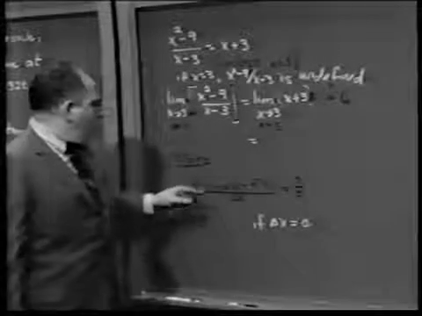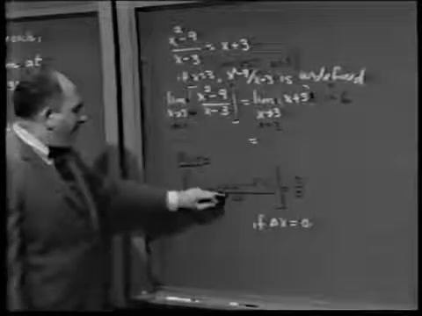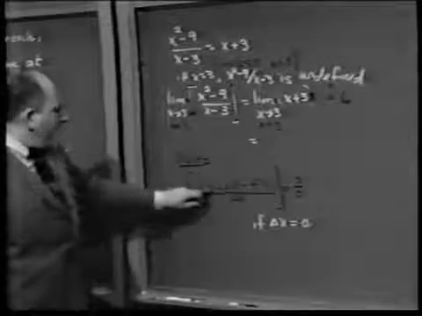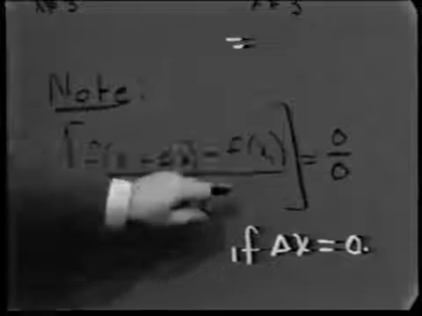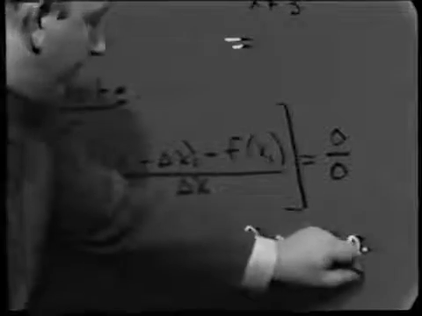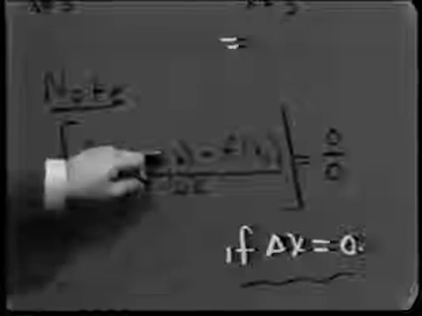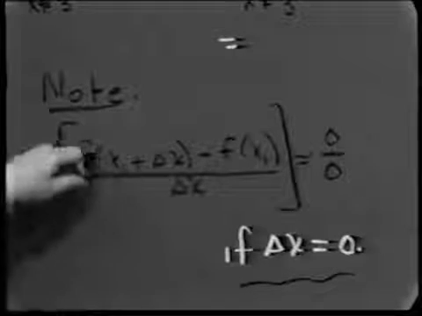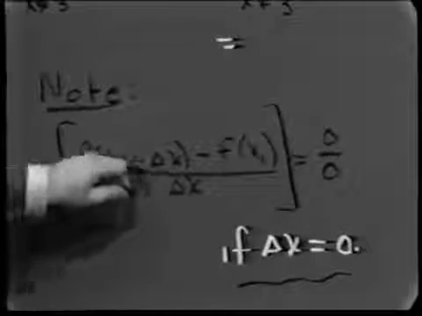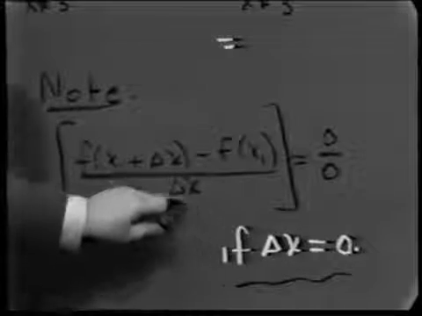You see, the whole point is, let's go back now to our basic definition of average rate of change of f of x1 plus delta x minus f of x1 over delta x. And I guess when you're writing in black, you have to use white for emphasis, so we'll use this. Notice that every time you let delta x equal 0, you are going to wind up with what? f of x1 minus f of x1, which is 0, over delta x, which is 0.